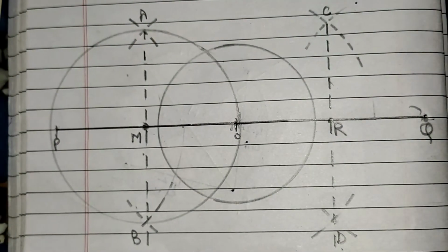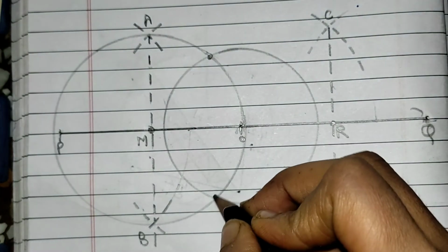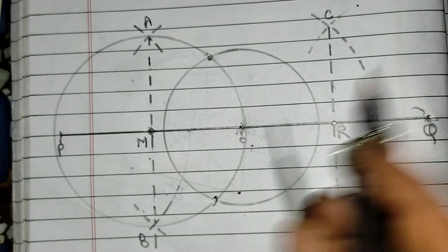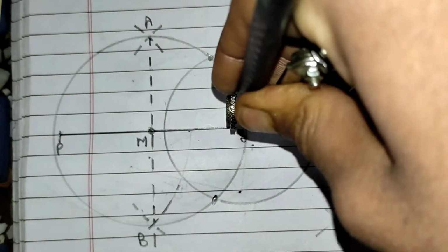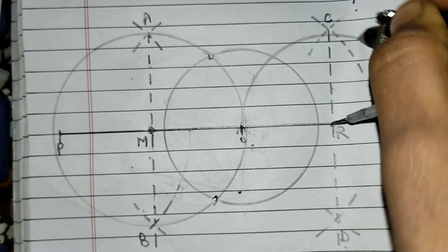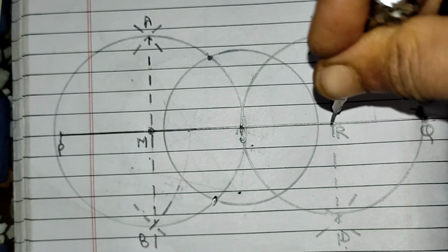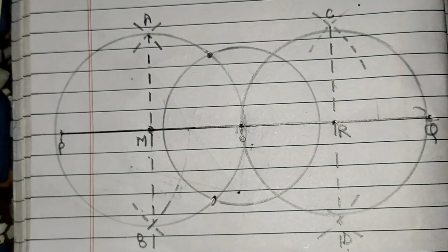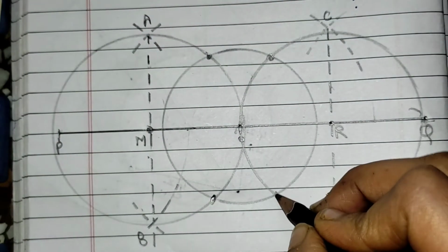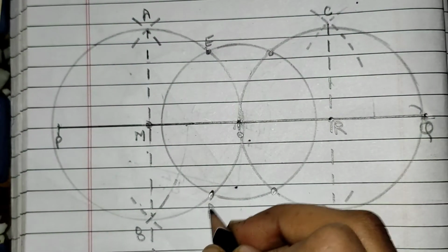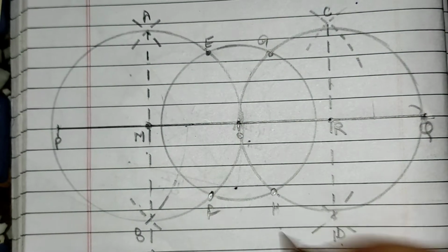So these are the 2 points. Okay, similarly for this point also, taking R as center, draw a circle which is going to intersect our given circle at 2 points, this and this, right? So give them names, any name you can give, E, F, G and H, right?